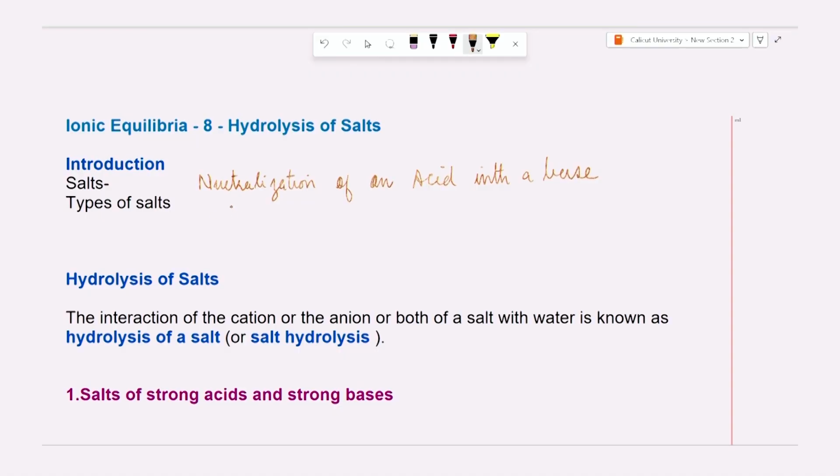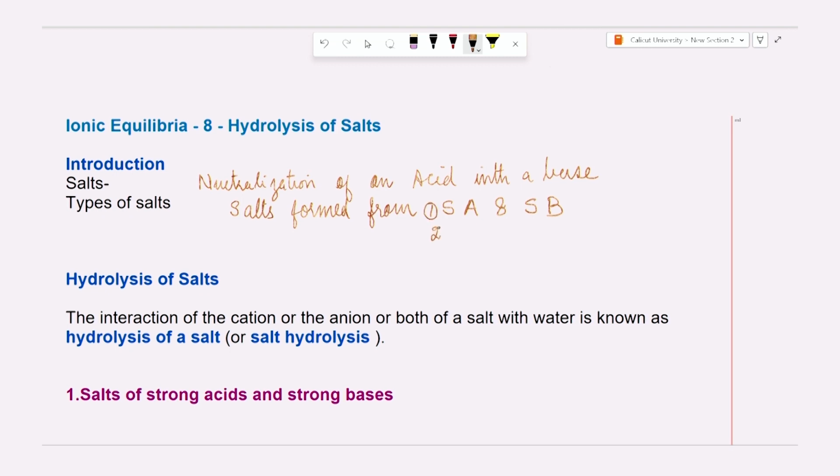Since acids and bases differ in their strength, there are different types of salts. There are salts formed from strong acid and strong base. That is one category.